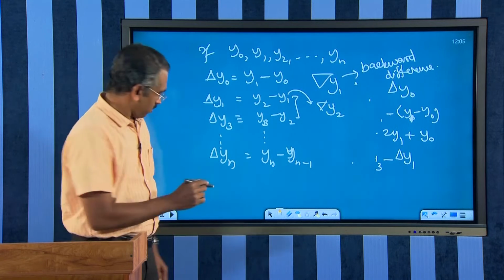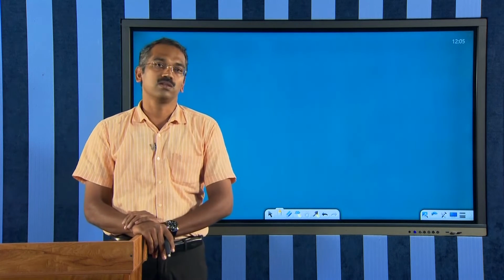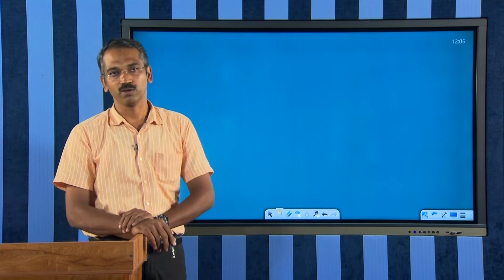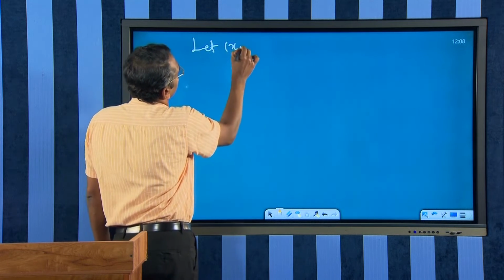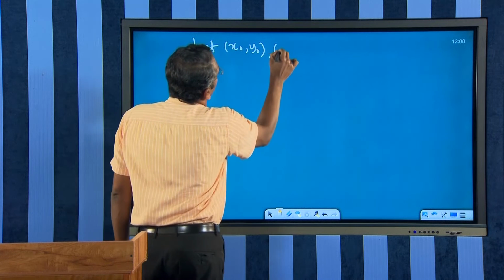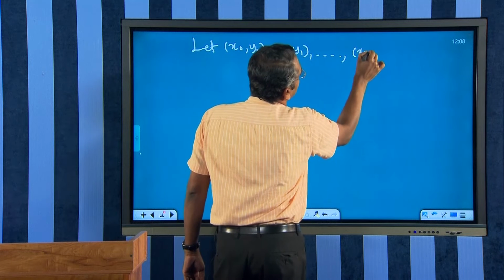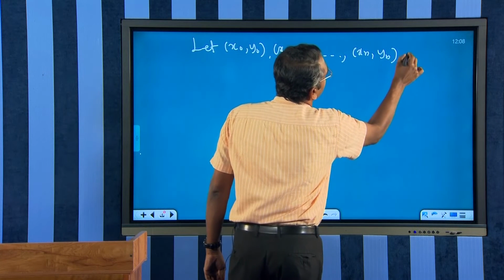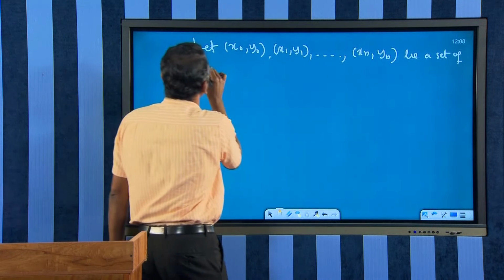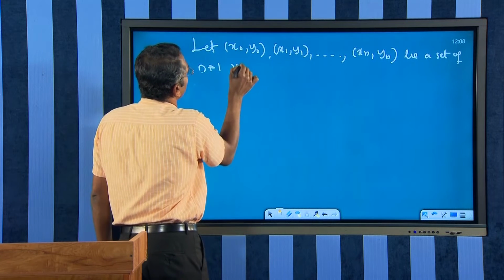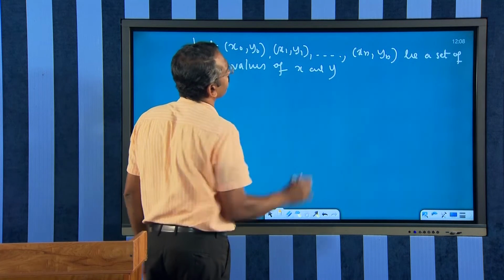Now, we will discuss Newton's forward interpolation formula. Now, let (x0, y0), (x1, y1), etc., (xn, yn) be a set of n plus 1 values of x and y.